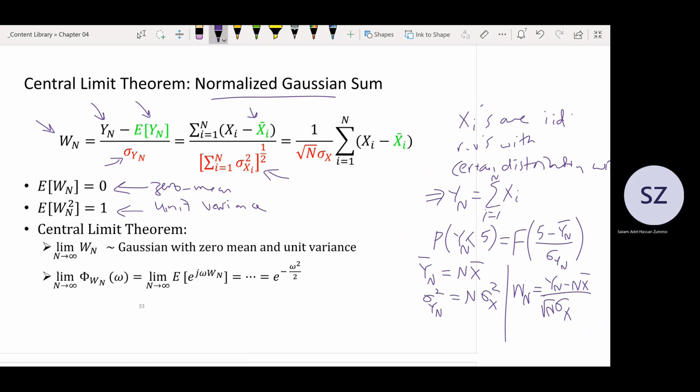The sum yn has certainly mean n x bar and variance n sigma x squared. To find anything related to yn, I need to find the normalized one, where you subtract the mean and divide by the standard deviation. So Wn is yn minus its mean divided by its standard deviation. Wn is normal with zero mean and unit variance.